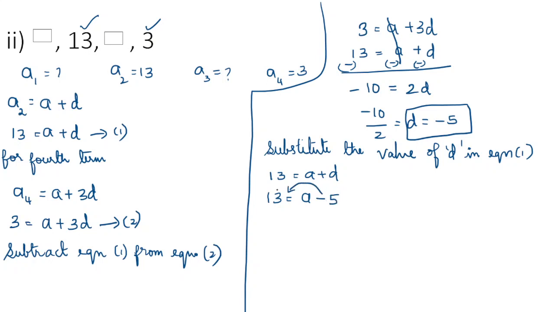Now I'll transfer this minus 5 to the left hand side, so it becomes plus 5, equal to A. A value is how much? 13 plus 5 is 18. So we got the A value.